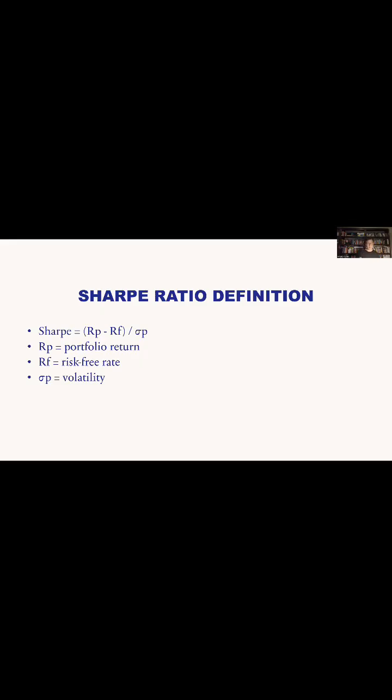And as you can see from the formula, it's the return of the portfolio minus the risk-free rate. Now, risk-free rate is basically the duration of how long you're looking at for the return.